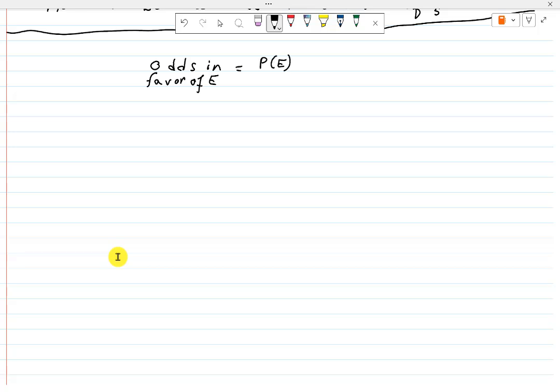The probability that E occurs divided by the probability of not E. Or if you don't like that version of it, you can change the denominator to 1 minus the probability of E. And that way all you have to work with the whole time is the probability of E.